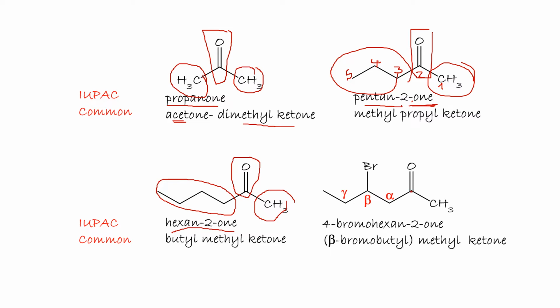Here we have the ketone. That's 1, 2, 3, 4, 5, 6. So that's 4-bromohexan-2-one. Common name will be beta-bromobutyl methyl ketone.